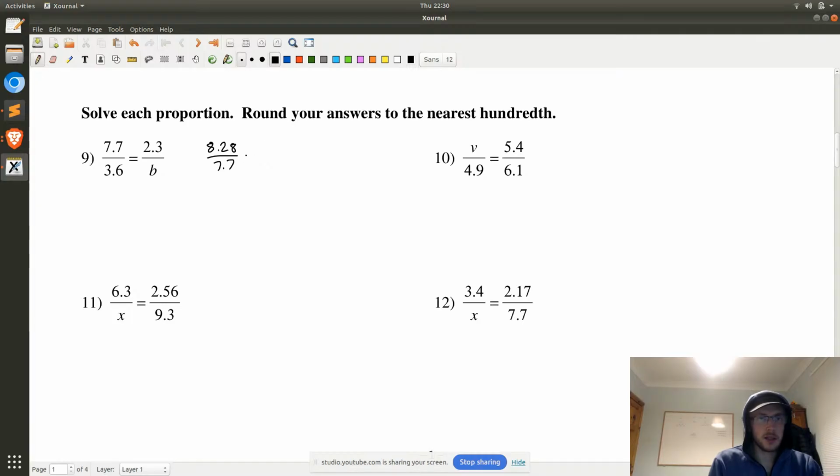But here they don't want it in this form. All right. To the nearest hundredth. So I guess you use a calculator then.